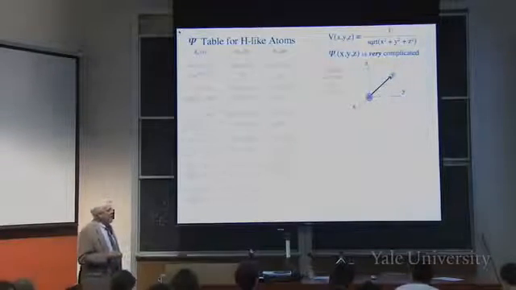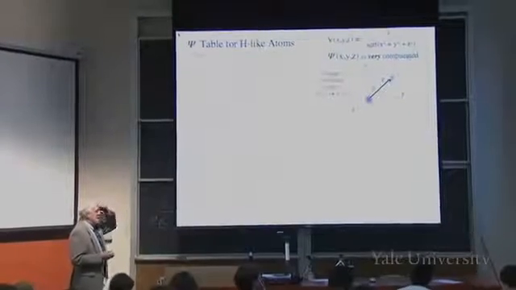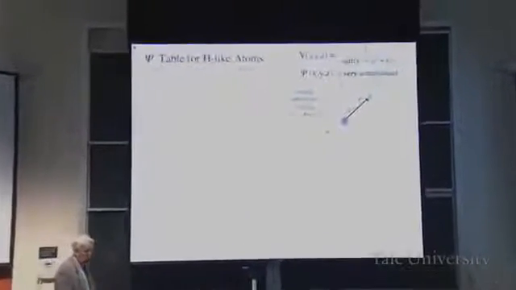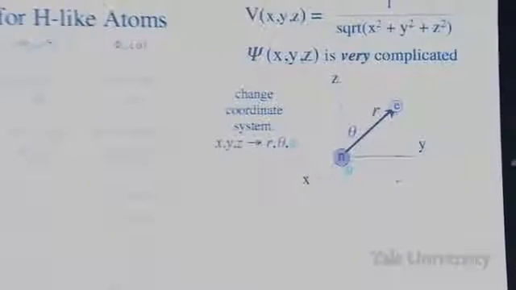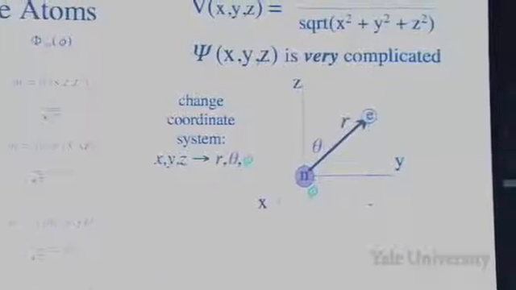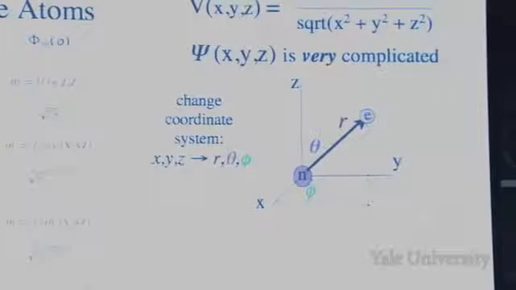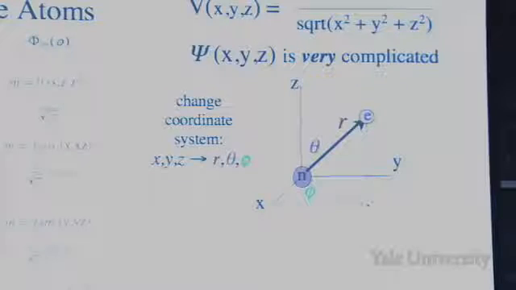And the one that's natural for the problem is spherical polar coordinates. So the three dimensions are r, the distance, and theta, the angle down from the z-axis, and phi, the angle rotated around from the x-axis. Well, you can define it any way you want to. This is the way it's defined for these purposes, okay?